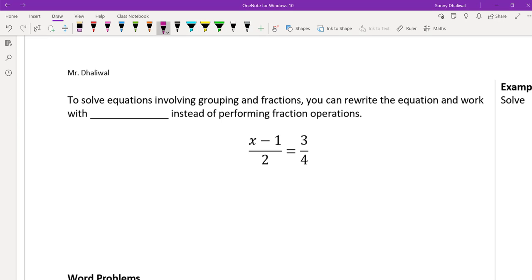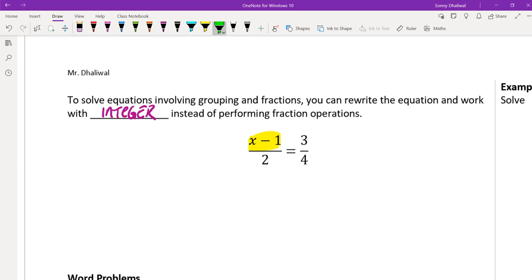And we're going to do the same thing here. The only difference between what we did yesterday and today is our numerator is more than one term. Yesterday, everything was just an x over a number, or just a number over top of a number. Now we have a little x minus 1, or a 3x plus 2, or something like that. But the process is the same.